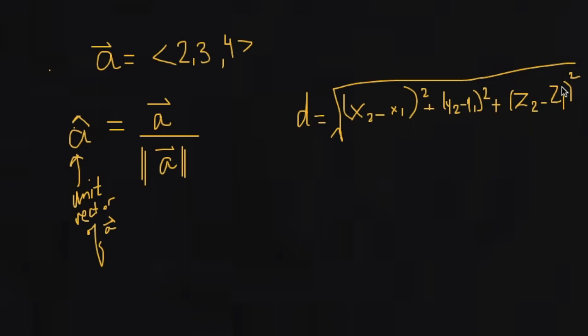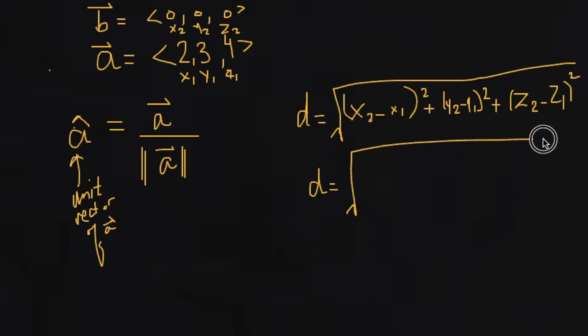Although we are only given one vector, you might be wondering, how are we supposed to subtract when we are only given one vector? Well, your next vector, which let's call B, is going to be the 0 vector. So now let's call this x1, y1, and z1, and these are x2, y2, and z2. Now all we do is plug the values in.